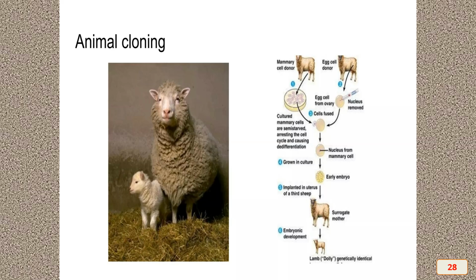Then the nucleus from the mammary cell grown in culture forms an early embryo, which is implanted in the uterus of a third sheep, a surrogate mother. Then embryonic development happens, and the lamb is genetically identical to the mammary cell donor.